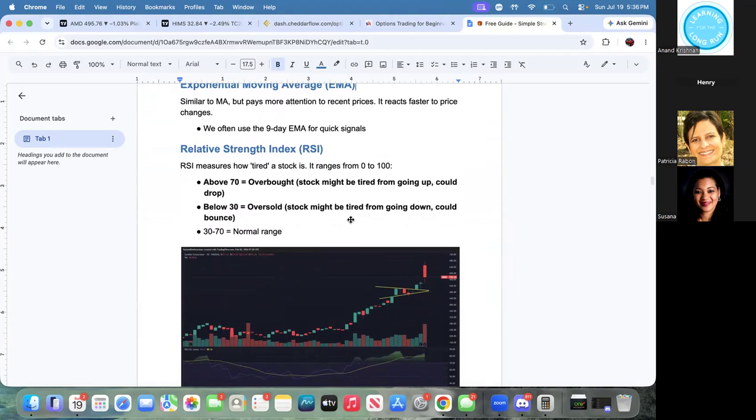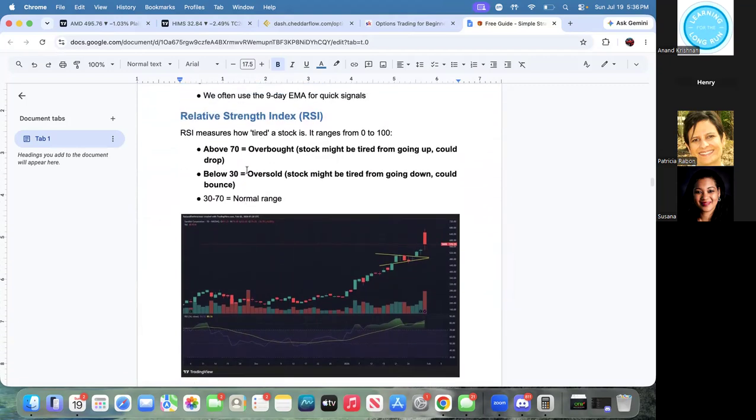Relative strength index. I don't use this a whole lot, but it could be helpful. I think below 30 is a better signal on a blue chip stock. If RSI is above 70, it doesn't necessarily mean it's time to short it, because stocks tend to be overbought more often than oversold.